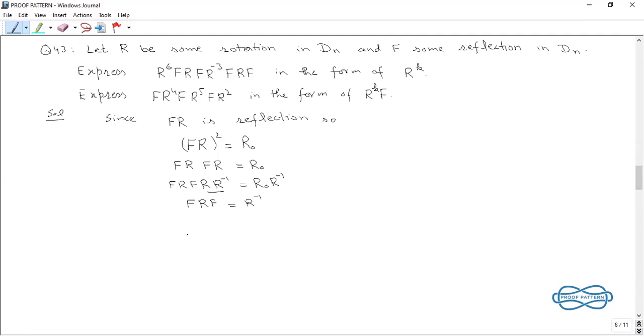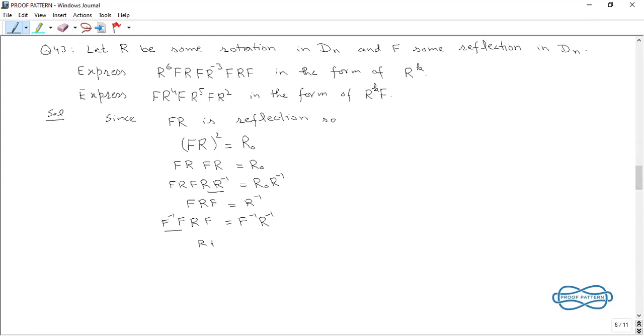Okay, and now we pre-multiply both sides with F inverse. We get F inverse F RF is equal to F inverse R inverse, and that F inverse F will be identity.